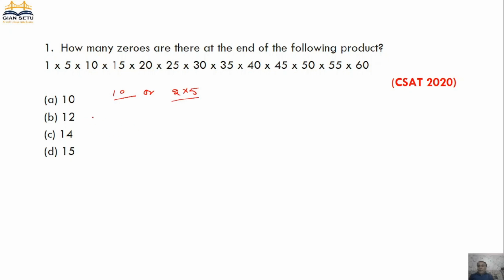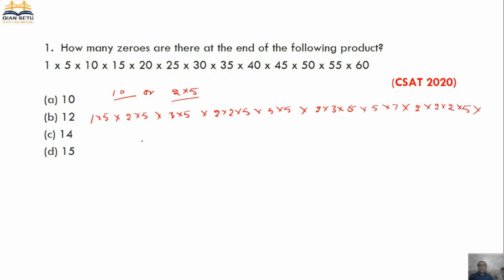So we can also write it 1 into 5, 2 into 5, 3 into 5, then 2 into 2 into 5, then 5 into 5, then 2 into 3 into 5, then 5 into 7, then 2 into 2 into 2 into 5.